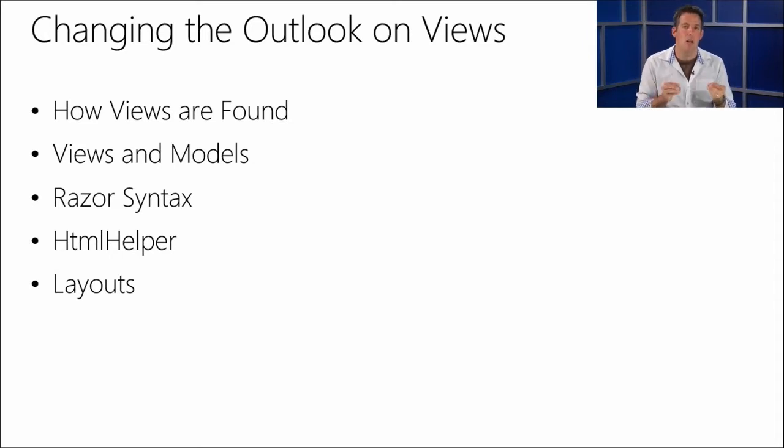Then we're going to take a look at our view models. With views and models, we want to talk about that model and how our view is going to work with it, how our view is going to interact with that and know the type of model that it's going to be acting upon.